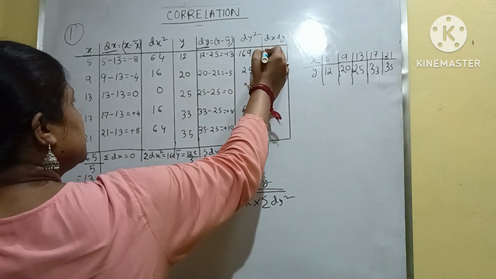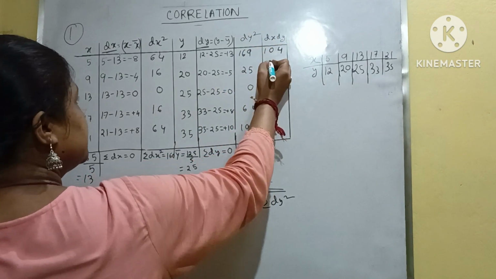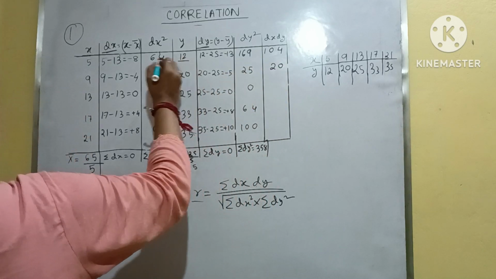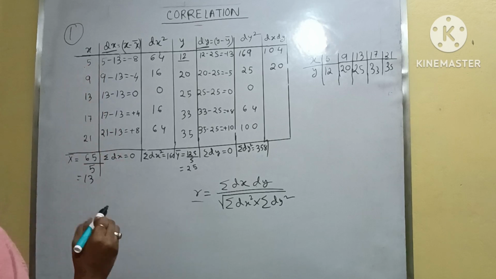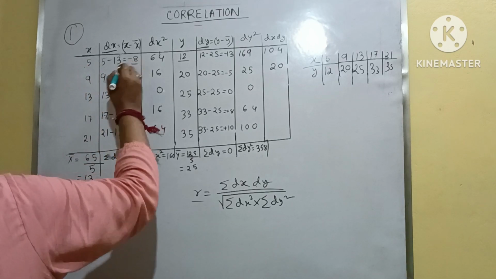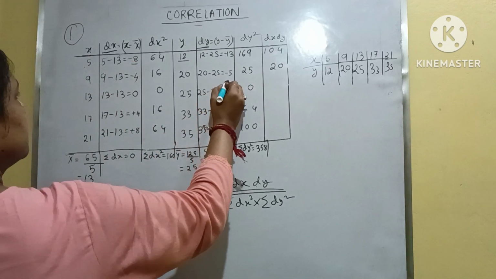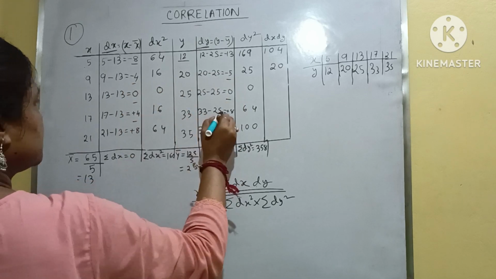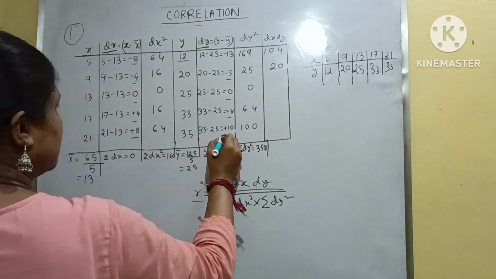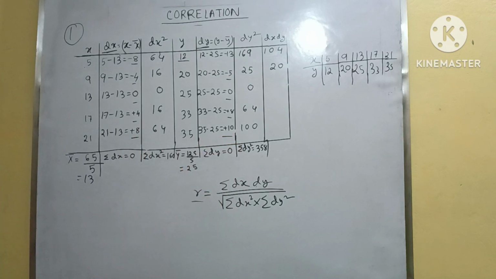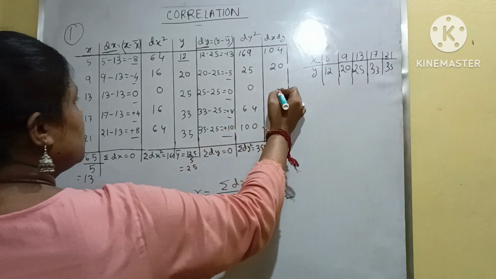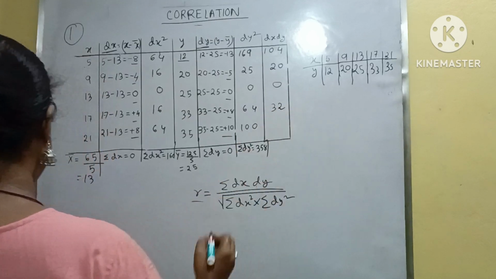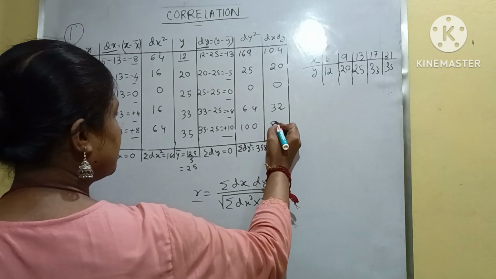First is 104, second is 20, this is the 8, and this is 0, and next one 32, and the next one 80.